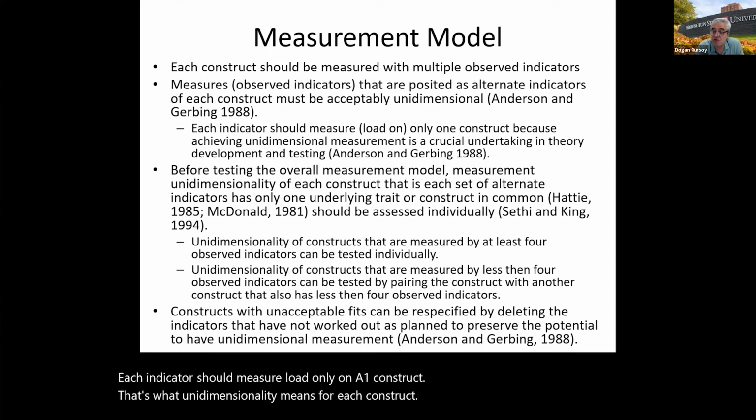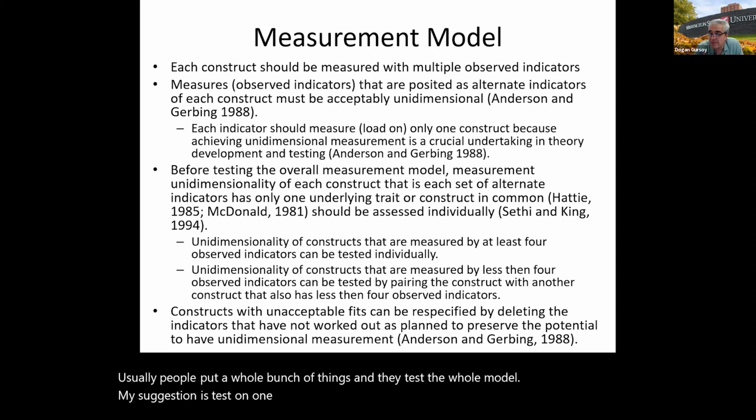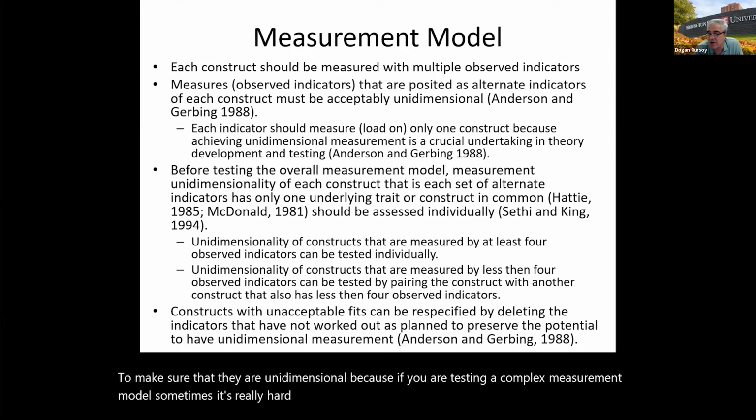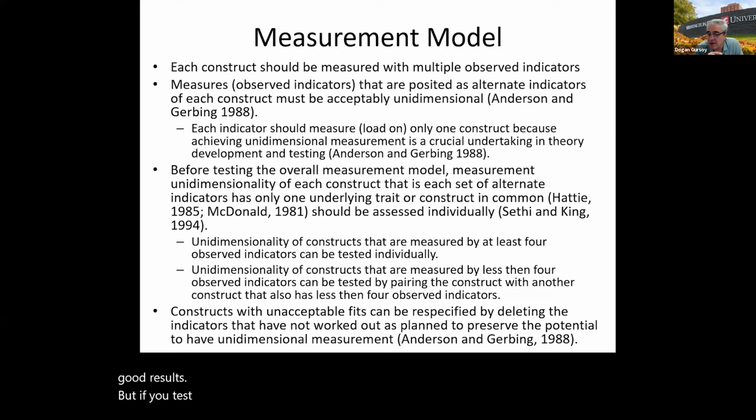Before testing the overall measurement model, usually people put a whole bunch of things in and test the whole model. My suggestion is to test them one by one to make sure that they are unidimensional. If you are testing a complex measurement model, sometimes it's really hard to figure out what's going on if you don't get good results. But if a construct has 4 indicators, you can test it as one construct.